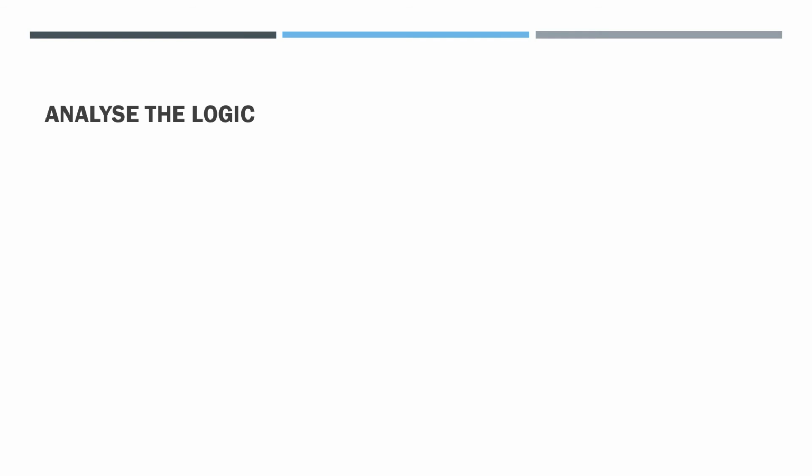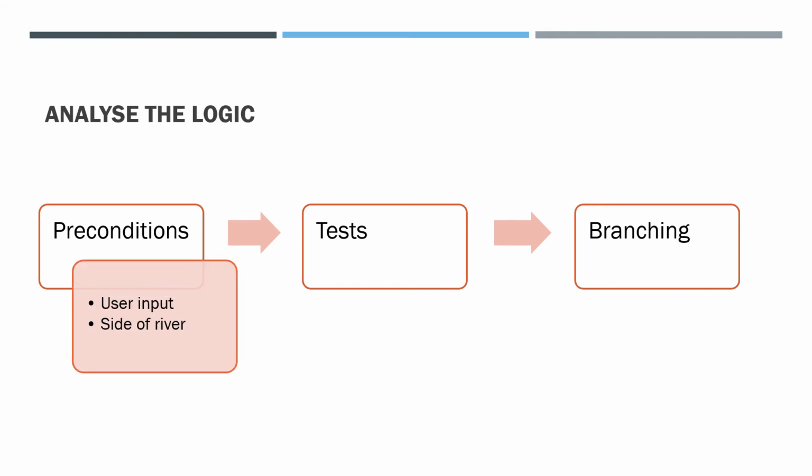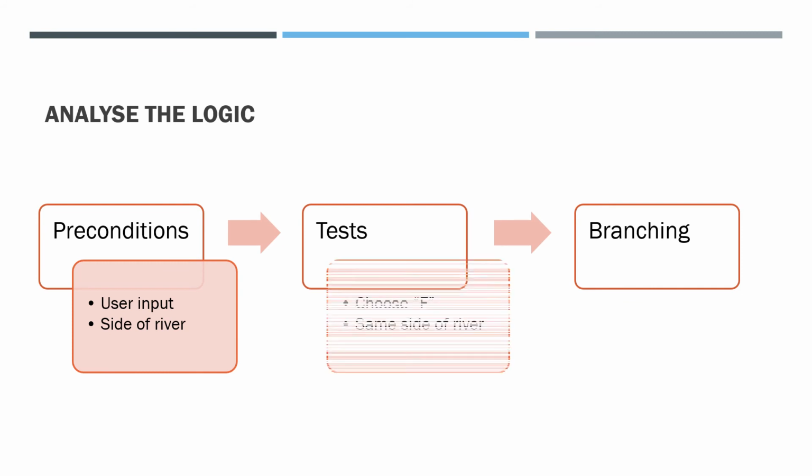So let's analyze the logic of our program. We've got certain preconditions that need to be in place in order to move the fox. We've got certain tests that we need to carry out. And then there's a branching structure using nested if where there are different outcomes. Our preconditions are the user input and our data that we already have in place about what side of the river I am on and the fox is on.